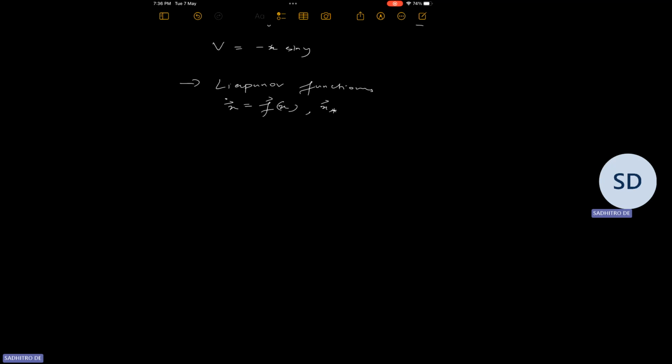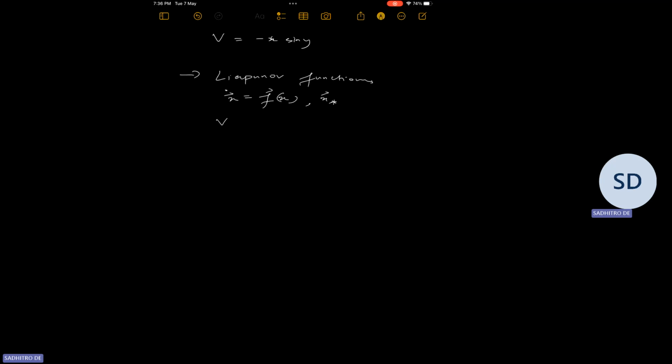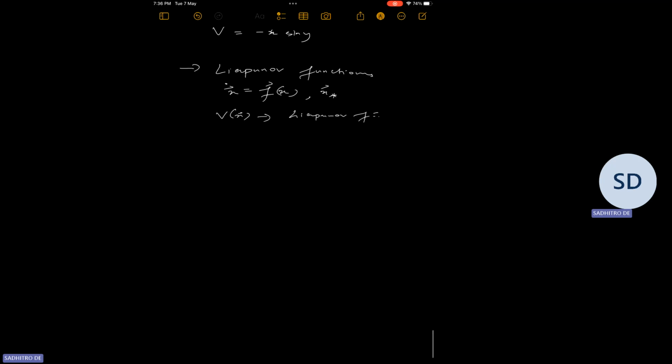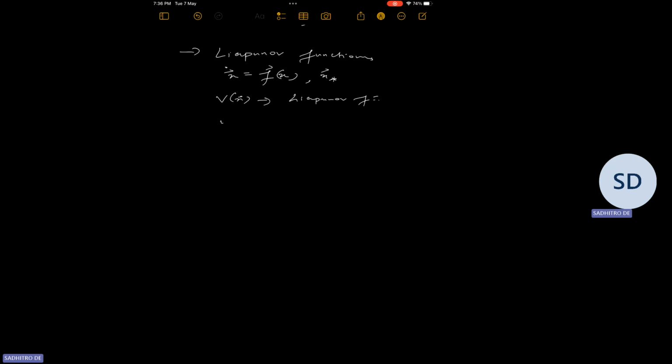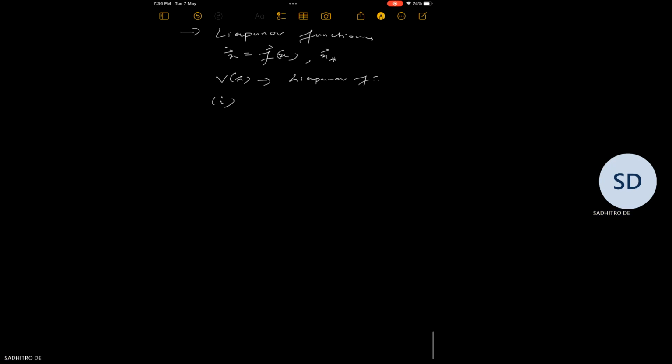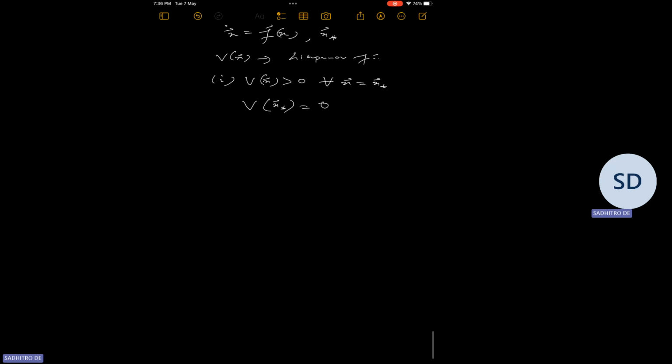Then a Lyapunov function v of x has to be continuously differentiable with the following properties. One, v of x will be greater than 0 for every x which is not the fixed point, and v at x star should be equal to 0. So v has to be positive definite.